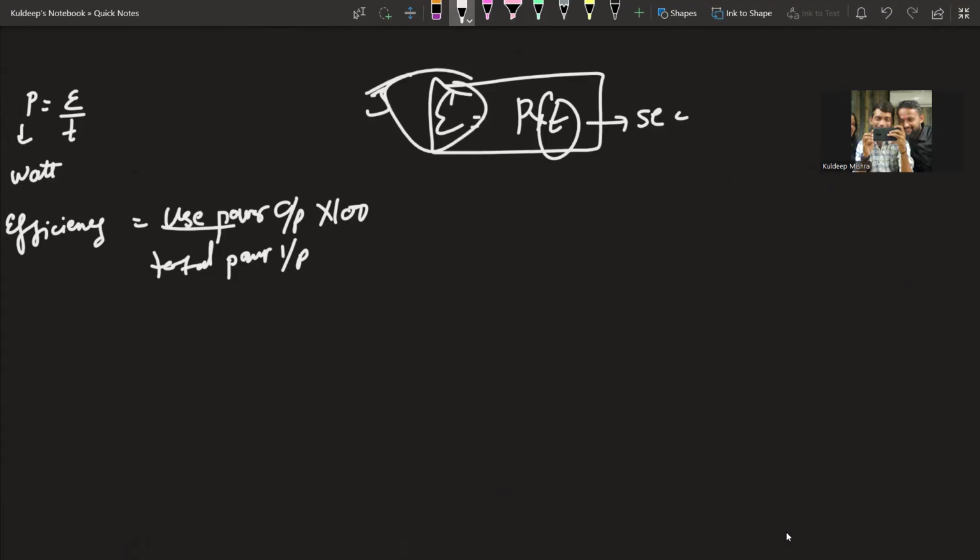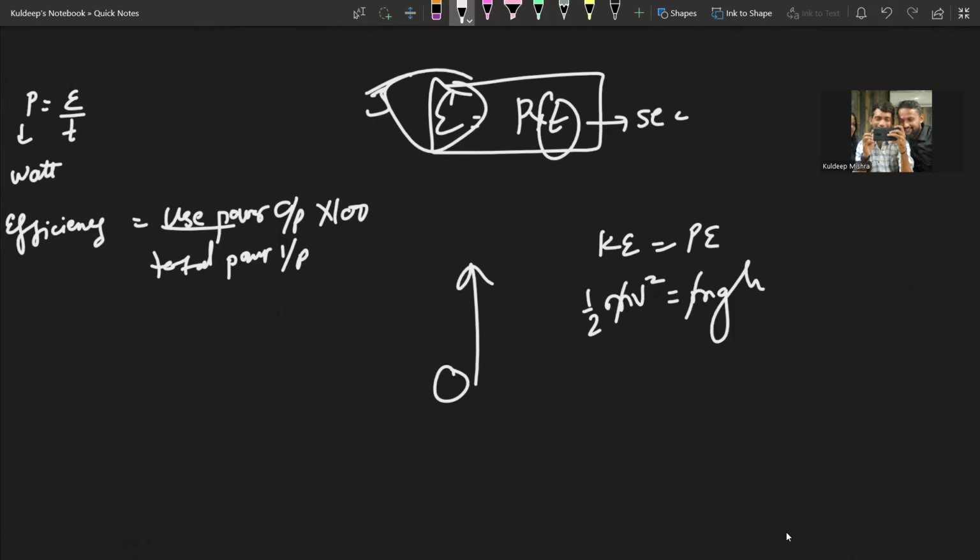See, if you throw an object up, its kinetic energy gets converted to potential energy. So half mv square is equal to mgh. So v square is equal to 2gh.